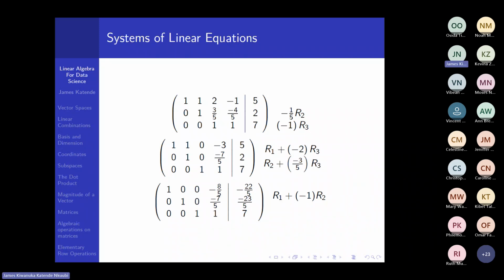So now the coefficient matrix has been reduced, it's now in reduced echelon form. We can rewrite this as a system of linear equations. Now this new system of linear equations is algebraically different from the initial system, but it has exactly the same solutions as the initial system.